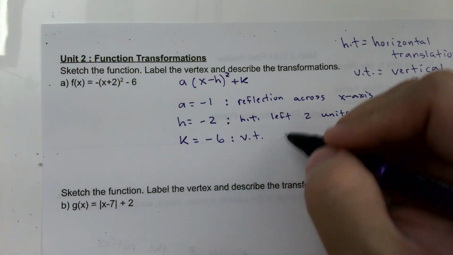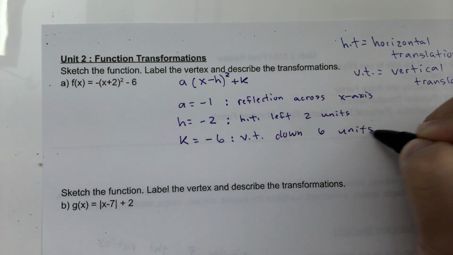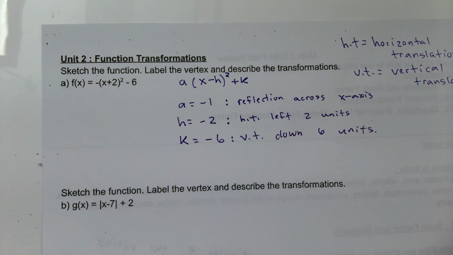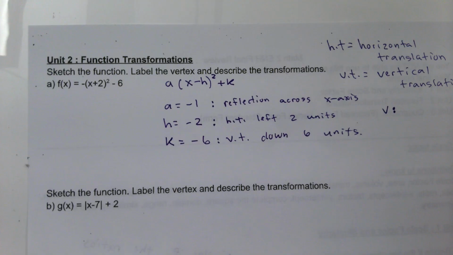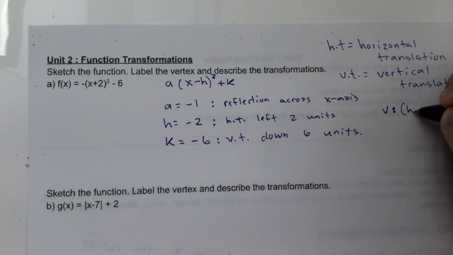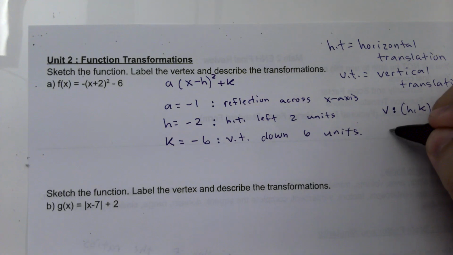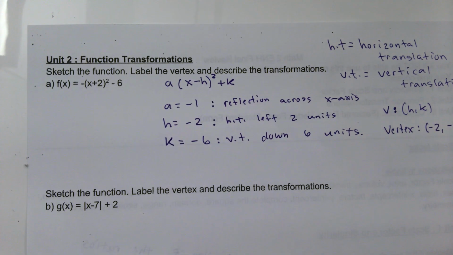So there was a vertical translation down 6 units. Our vertex is given to us by h, k, so our vertex is at -2, -6.